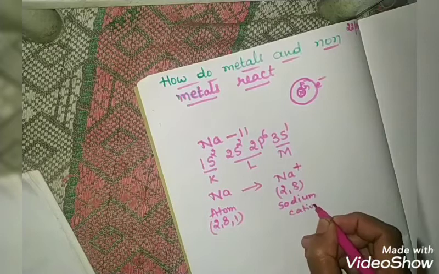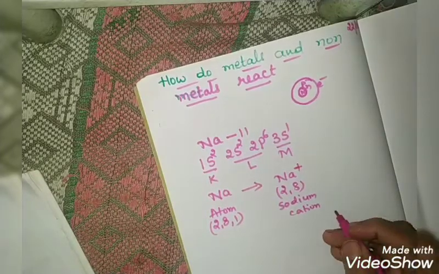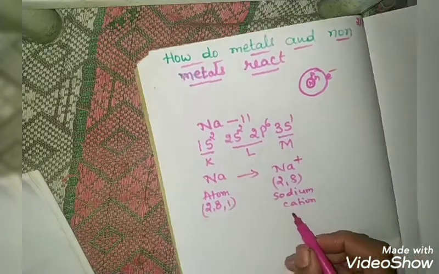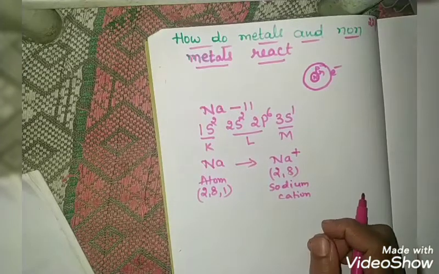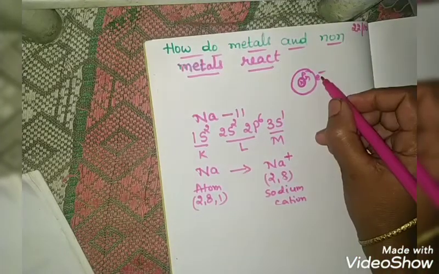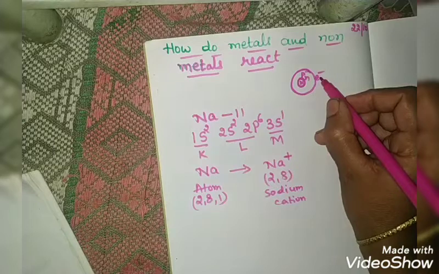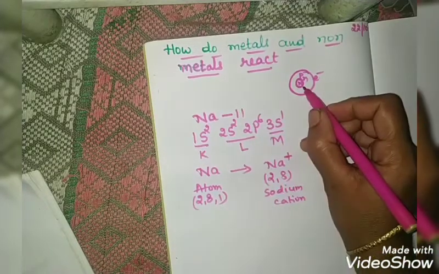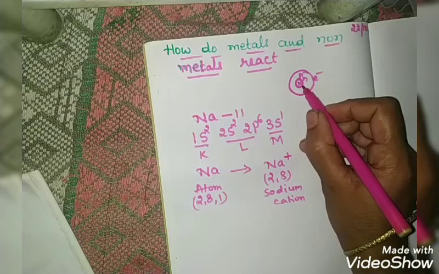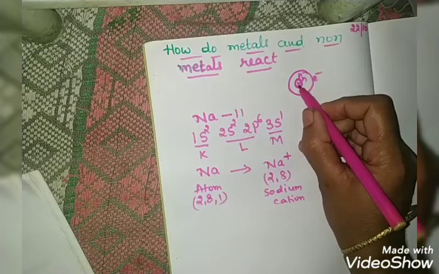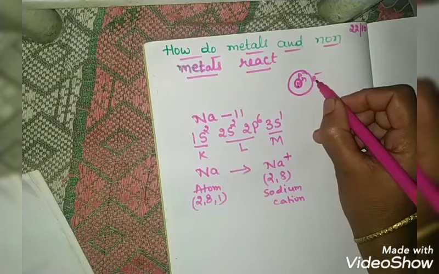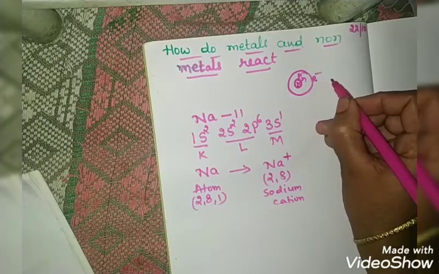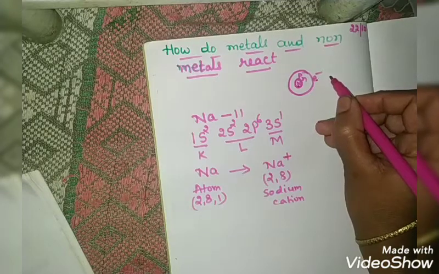Cation means whenever any atom loses an electron, it is known as a cation. It becomes a cation, and here what happens? Actually there will be 11 electrons and 11 protons. But what happened here? The protons will be 11 itself, but one electron is lost, no? So it is 10 electrons. So the net nuclear charge will be positive 1.